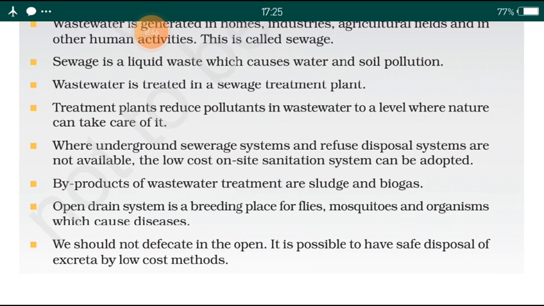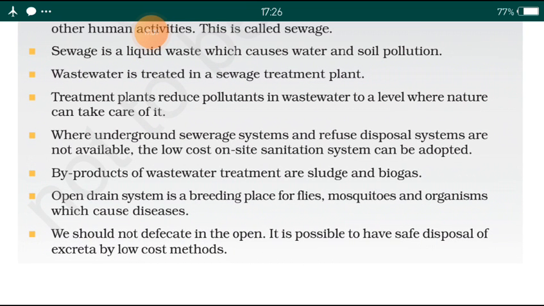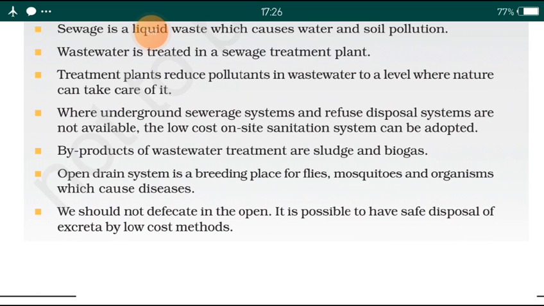Then wastewater is treated in a sewage treatment plant. Fourth point, treatment plants reduce pollutants in wastewater to a level where nature can take care of it.